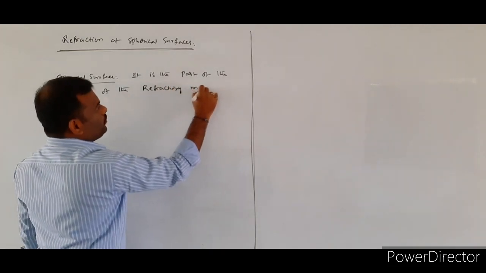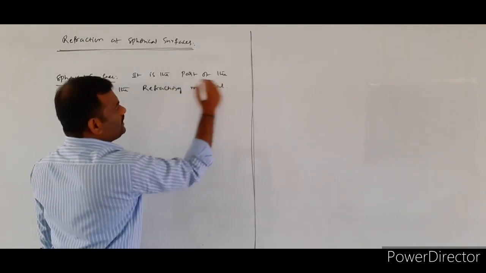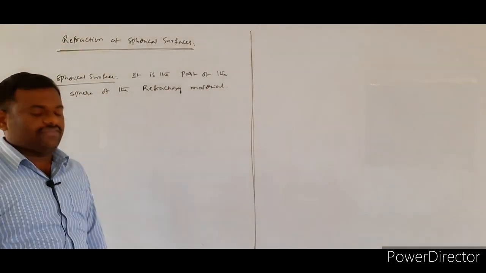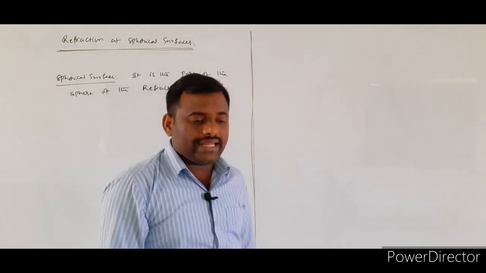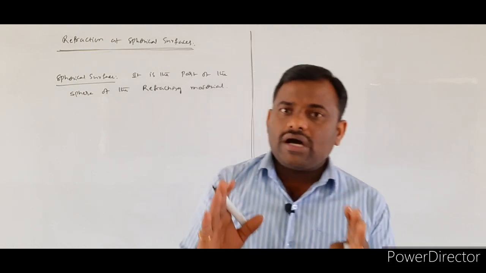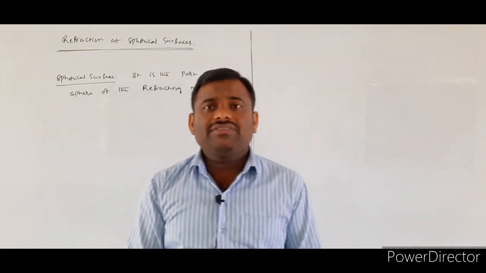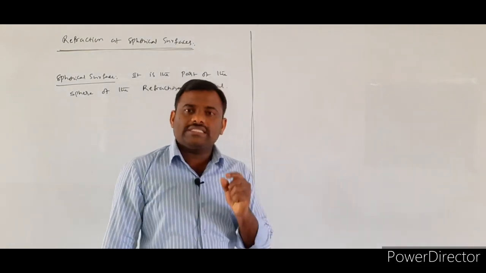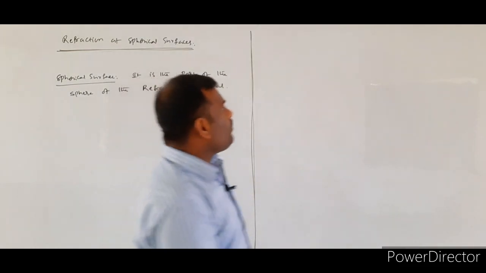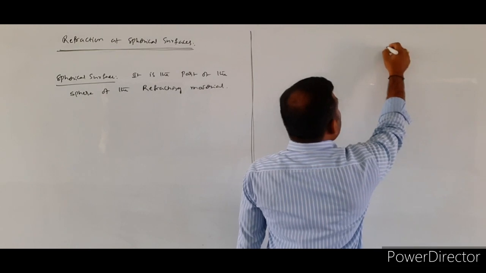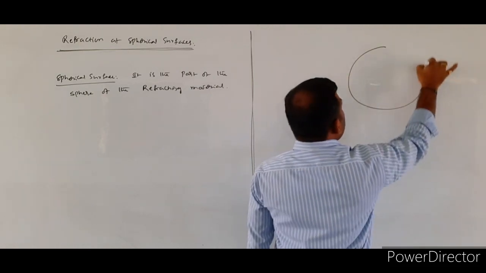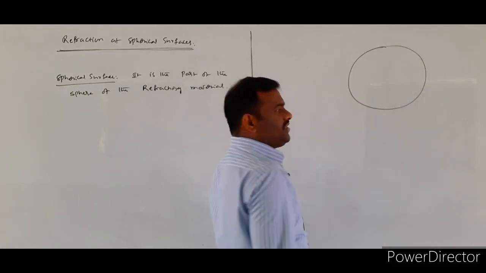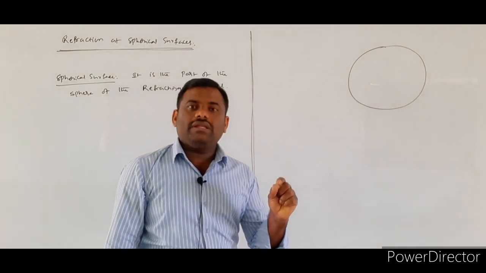Such a type of portion we are calling a spherical refracting surface. How can we define the spherical refracting surface? It is a small portion of the sphere of the refracting material. So here I am assuming that a glass sphere will be taken.